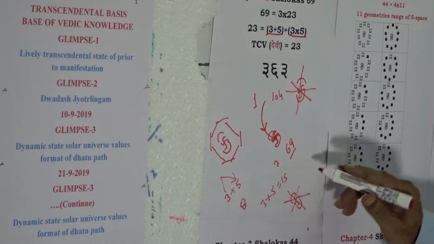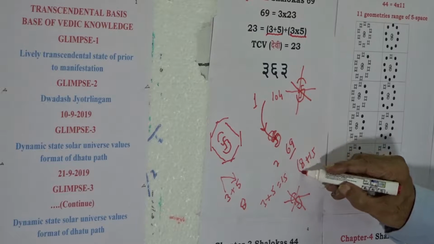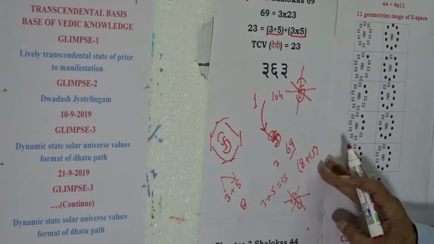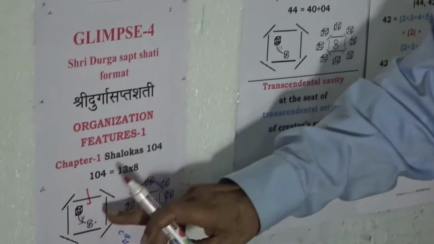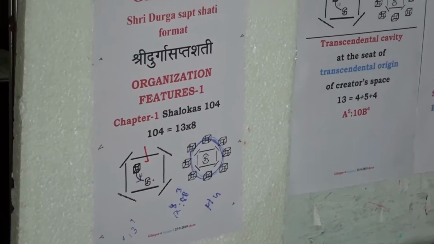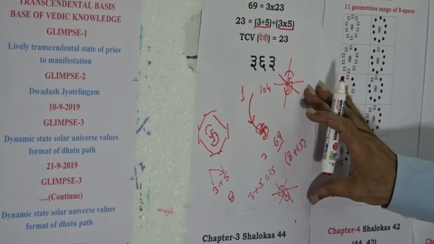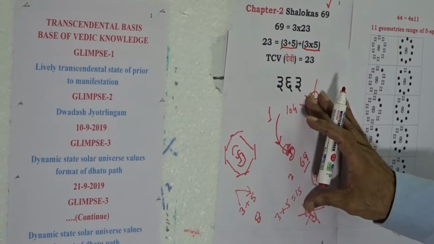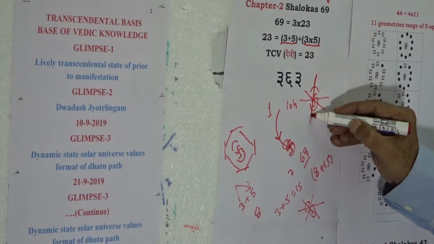Now both these values 8 plus 15 as such amount to, in a sleeping state, a state for the transcendental origin at the seat of the origin. It is this value 23 which is available at the origin seat. Further, we know it is a solid dimensional setup.